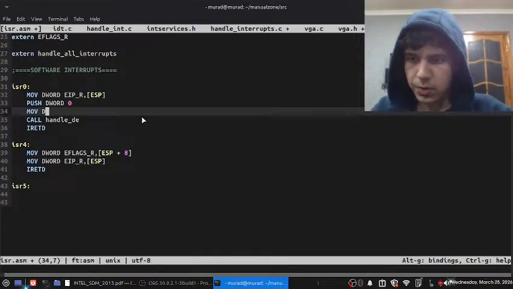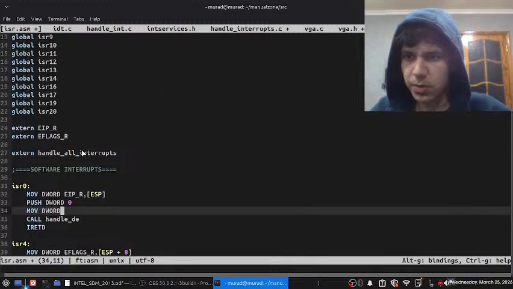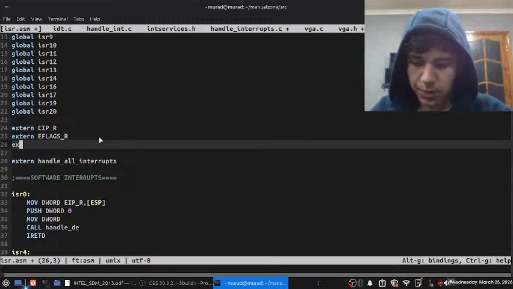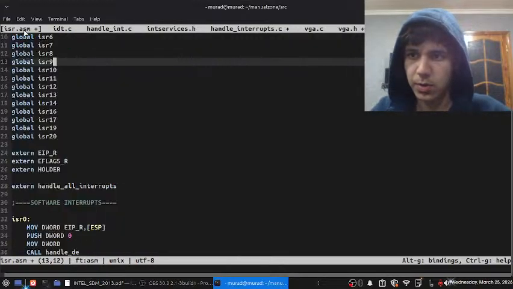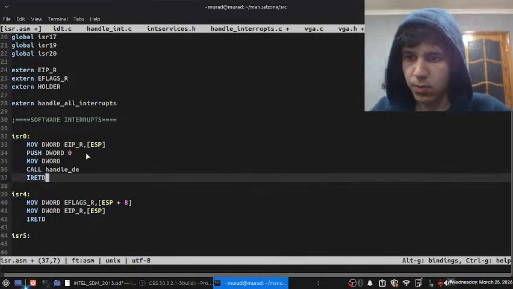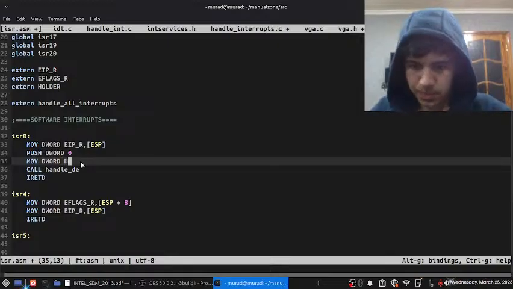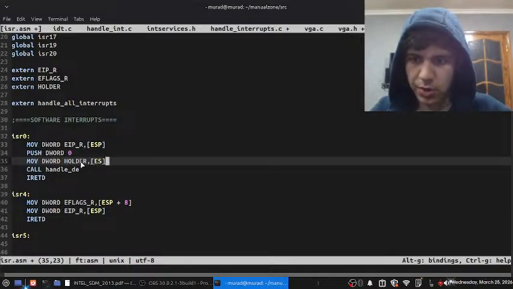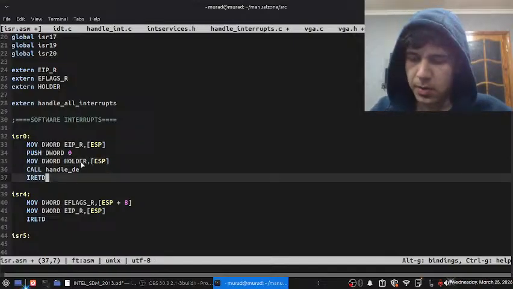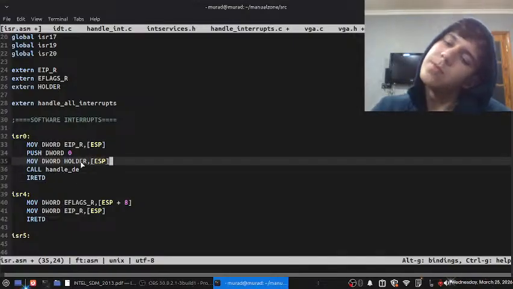Move keyword holder here. Handle interrupts holder. Move keyword holder to current ESP and call handle DE.